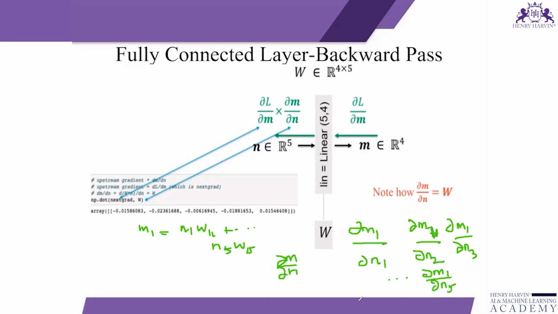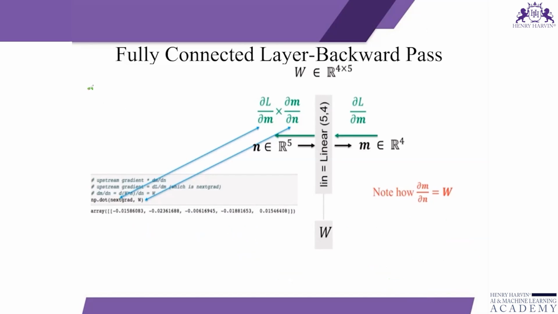Similarly, we will also get dou M2 by dou N1 up to dou M2 by dou N5, and similarly dou M3 by dou N1 up to dou M3 by dou N5. Let me write it clearly, that would be really helpful to you.